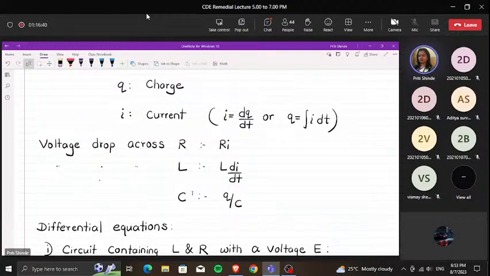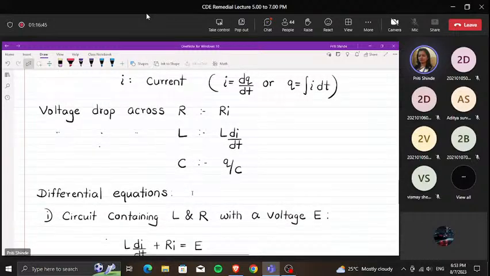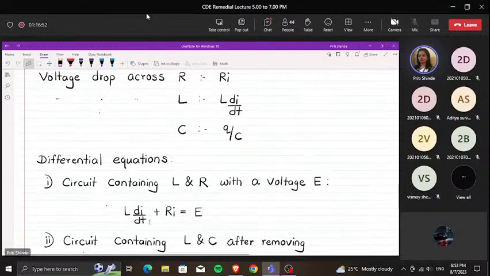Suppose your electric circuit contains L and R with electromotive force, voltage E. So voltage drop across L is L di by dt, across resistance is Ri, so the total voltage drop is L di by dt plus Ri is equal to E.